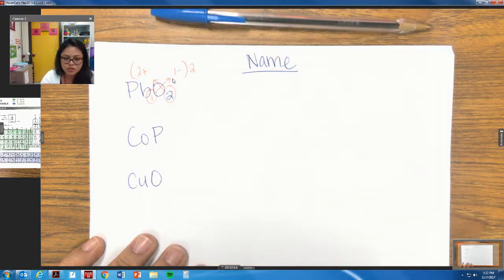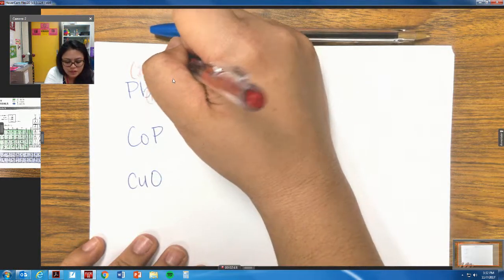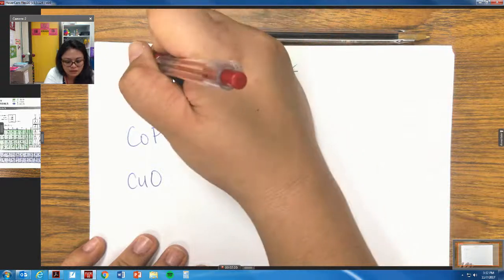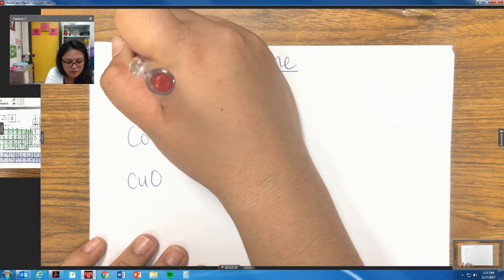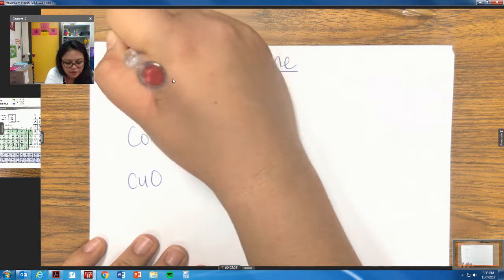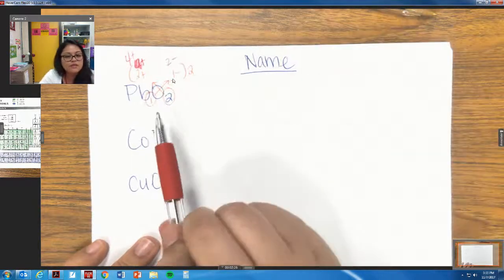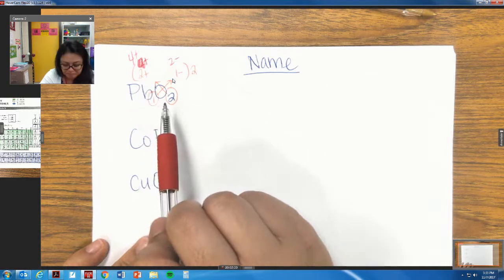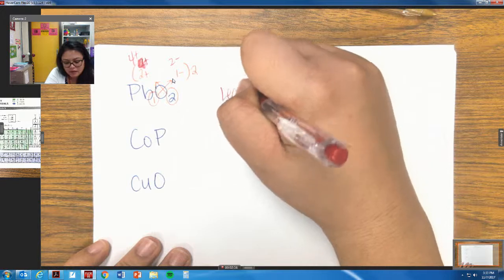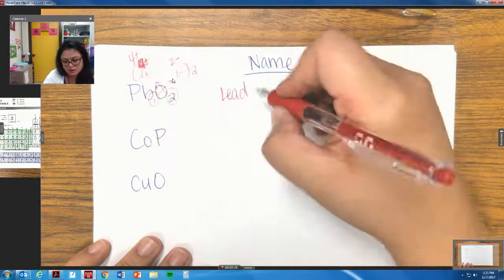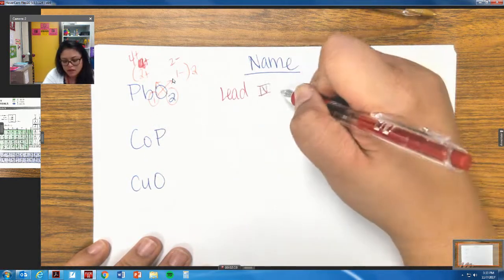So now our new charges are going to be 2 negative and 2 positive, or sorry, 4 positive. Okay, so the name of my compound will be lead 4 oxide.